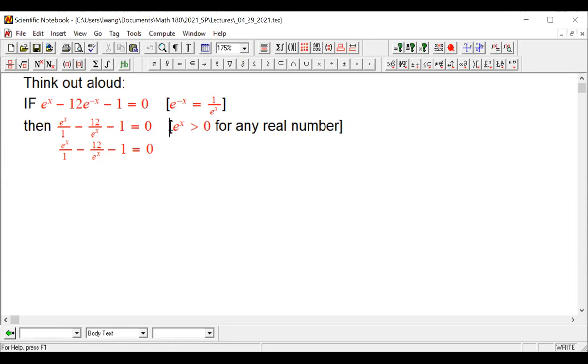E to the power x is positive for any real number. Could I multiply e to the power x on both sides of the equation? Can I do that? Look at the 6 principles. Number 4: as long as c is not 0. Right now e to the power x is larger than 0, so certainly it's not 0, right?